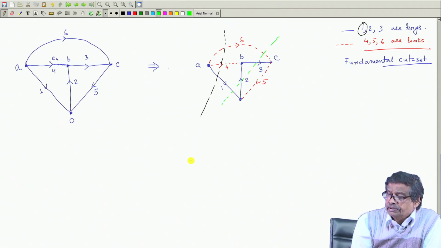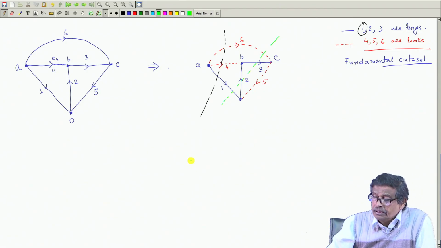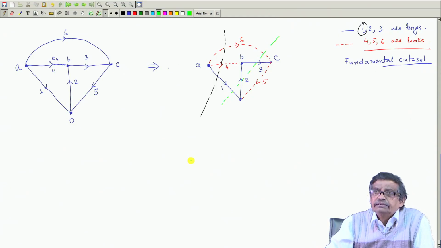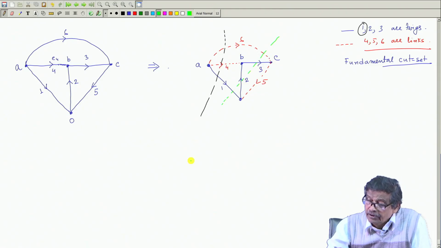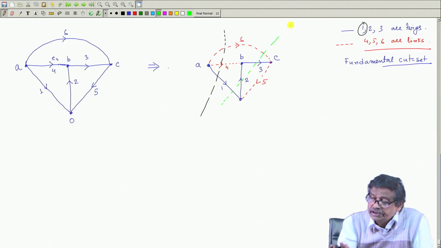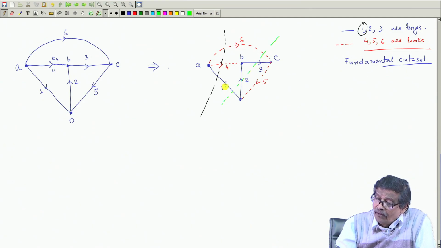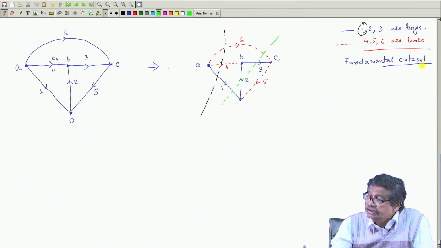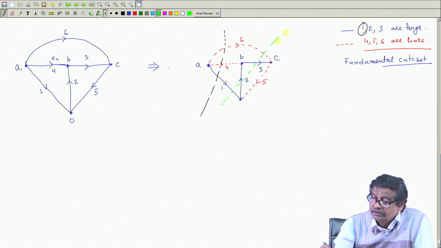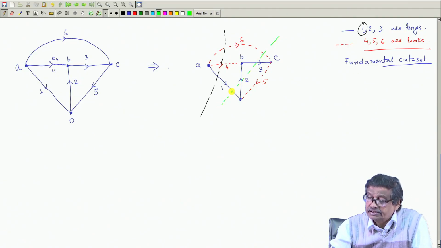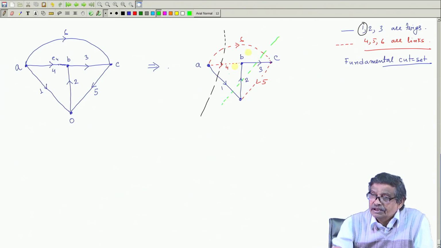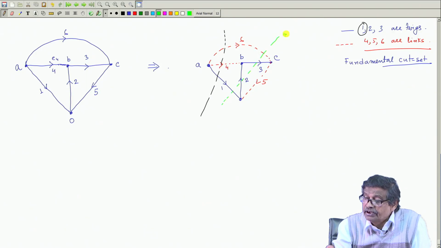It will also be a cut set, no doubt, but will it be a fundamental cut set? The answer is no. Why? Because although it divides the network into 2 halves, the condition of only one twig being present is not satisfied. All the 3 twigs are involved while considering this. So, this is not a fundamental cut set.